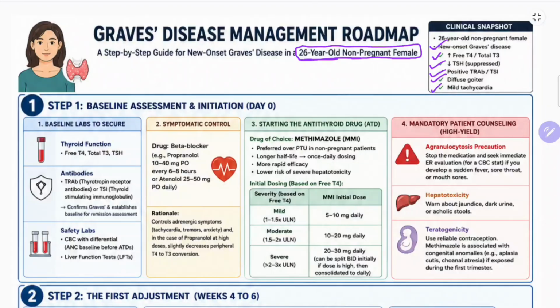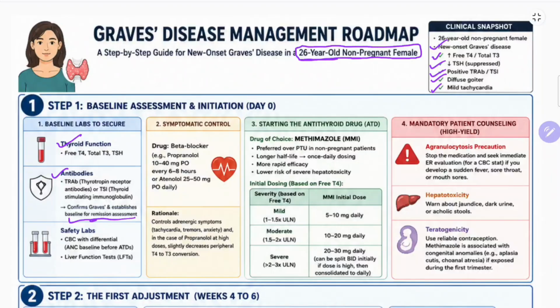Okay. So baseline labs, what should we do? We should do thyroid function test. TRAB we should do. Why should we do TRAB? Because at baseline it is very important to confirm that it is due to Graves' disease.